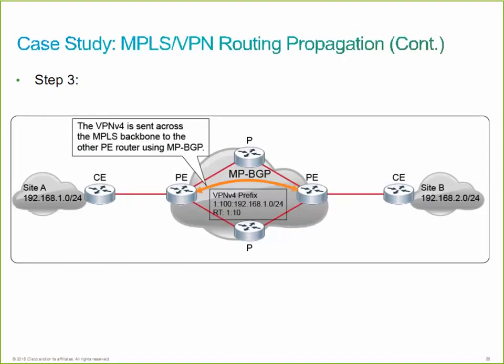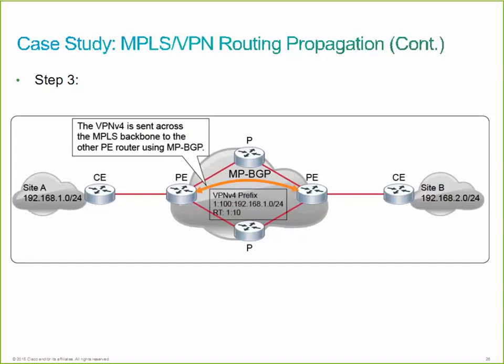We have to, of course, append the values of the route distinguisher to the IPv4 prefix to create that VPNv4 address. In this case, it's going to be 1:100.